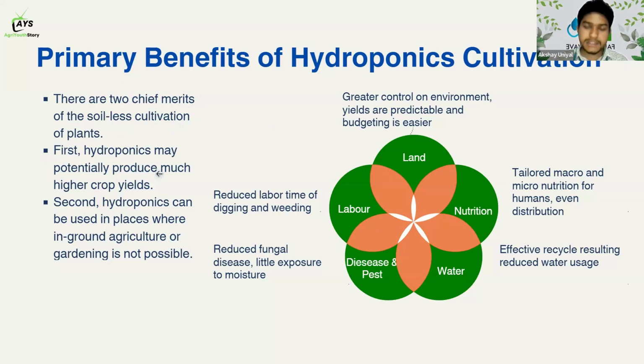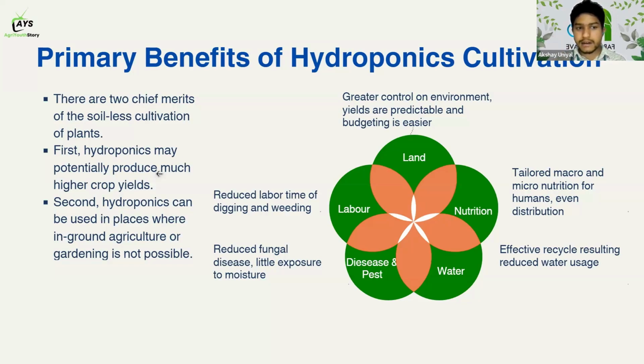The hydroponic systems will have lesser growing time also. They complete their crop cycle in lesser time, they will have greater yield, and they will have better health also. So this is one of the major merits.